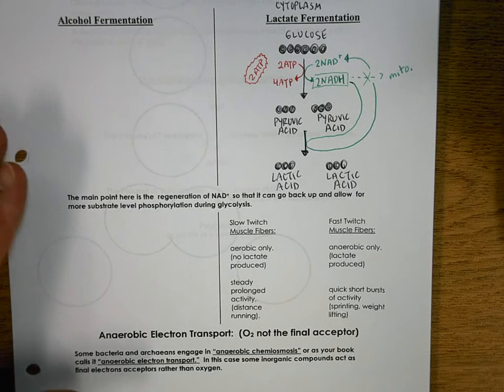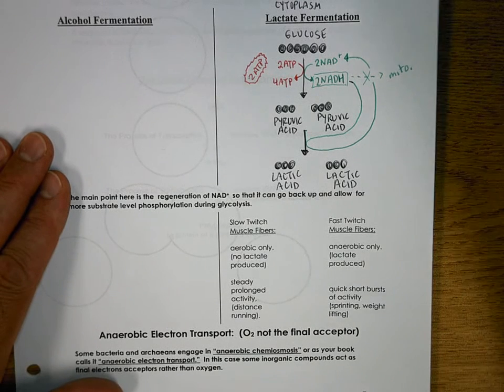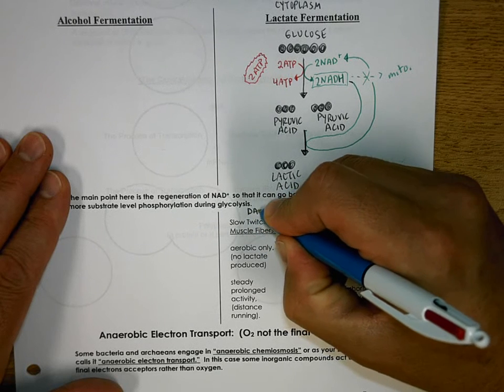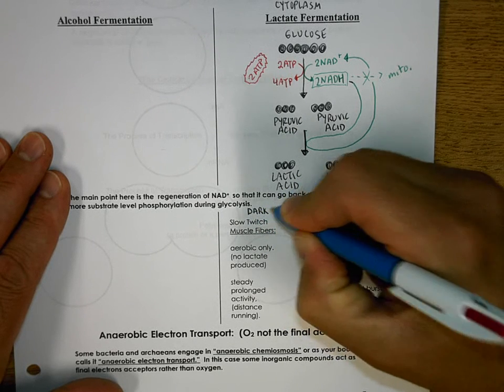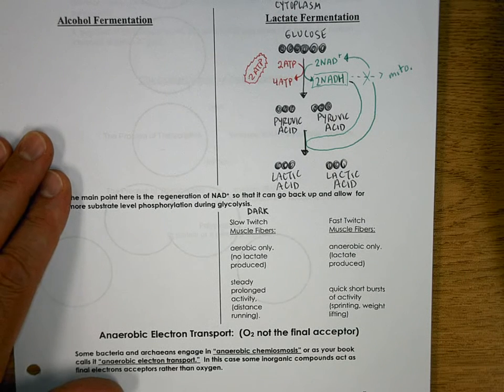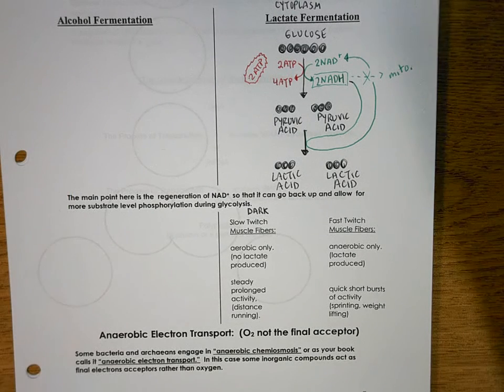Speaking of ducks and geese and chickens and whatnot, this would typically be known as dark meat. And that's because it contains a protein called myoglobin, which gives it its dark pigment, and that myoglobin is the protein that has oxygen carrying and oxygen holding capacities.